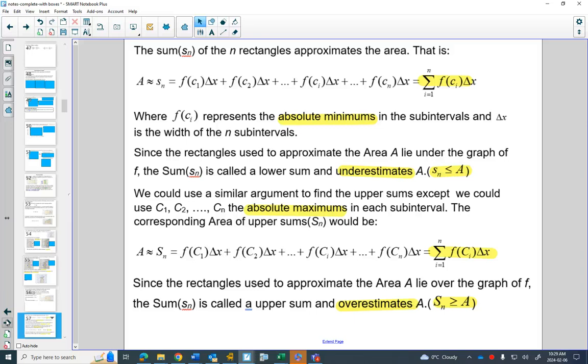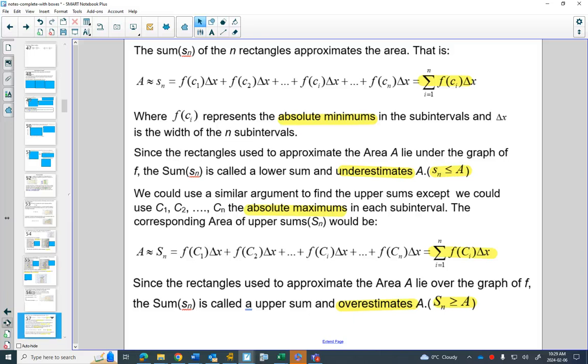So we use a little c to represent the minimums. And we're going to use a capital C to represent the maximums. So if we add up all the minimums in the interval, that will get us the area under the curve, but be an underestimate.